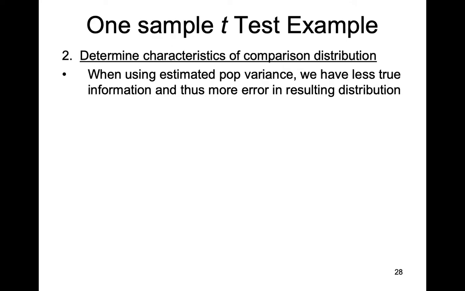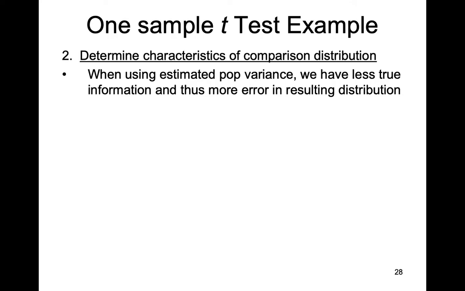However, when using estimated population variance, we have less true information and thus more error in the resulting sampling distribution. So the central limit theorem can be used, and because of the central limit theorem, we get a standard normal distribution when the population variance is known.